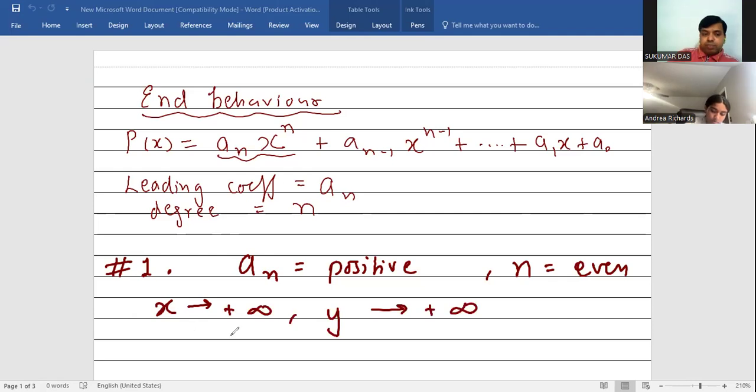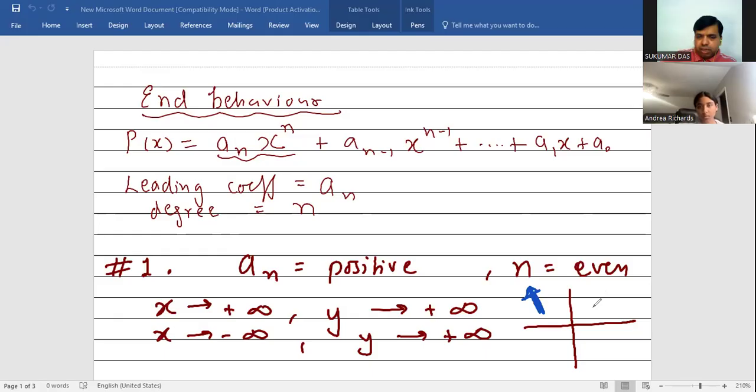When x tends to minus infinity, y will still go to plus infinity. So if this is our xy coordinate, we will draw just one arrow here and here. Remember this arrow pattern. So for scenario 1, we will draw these two types of arrows.